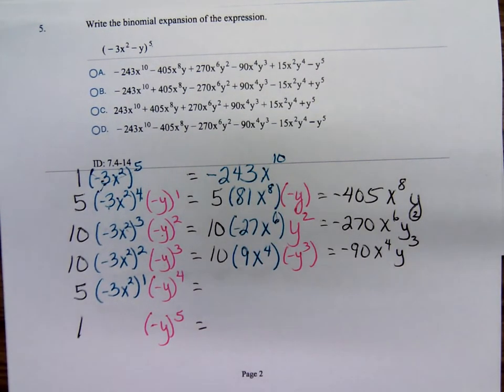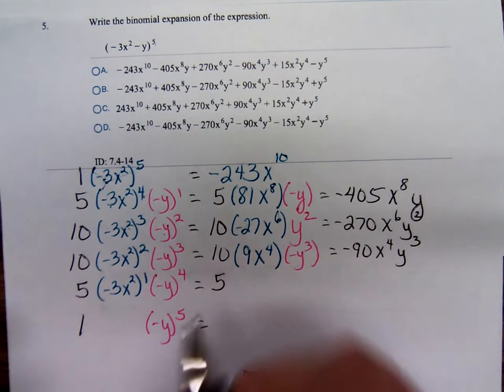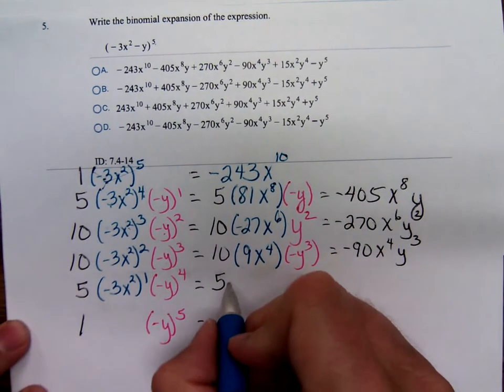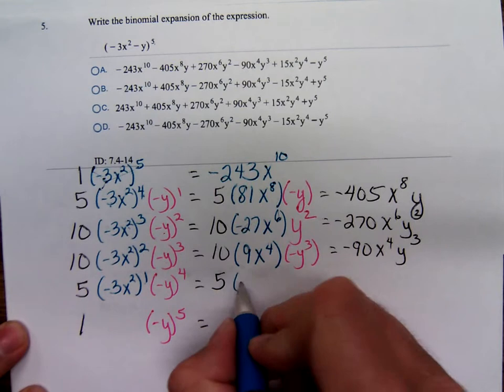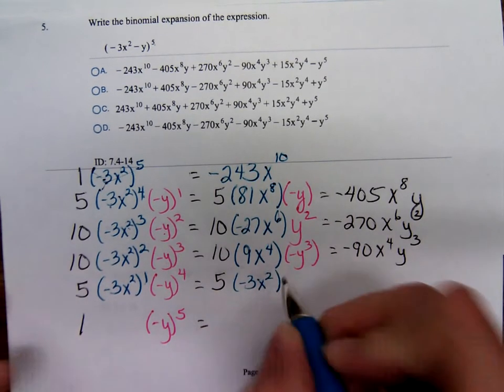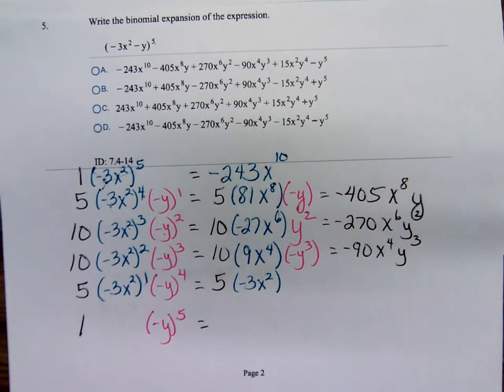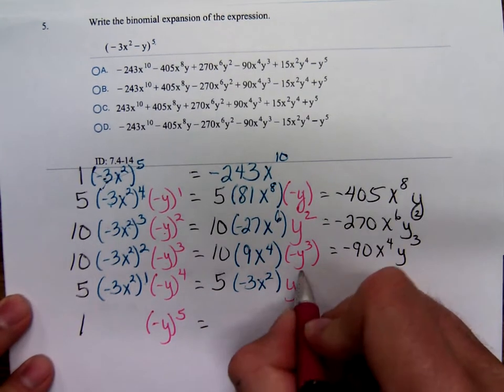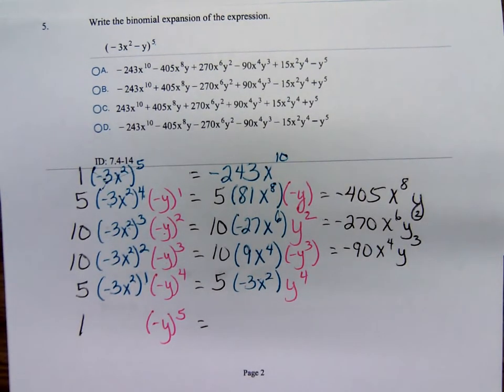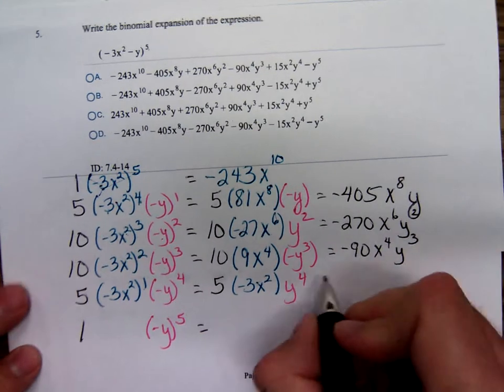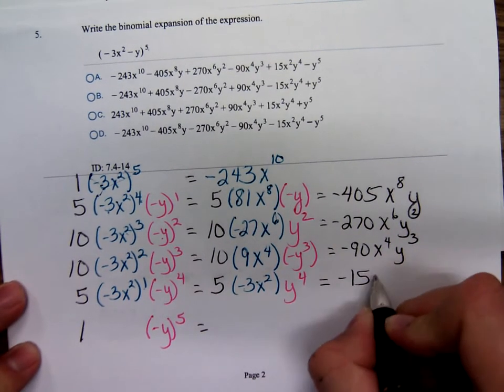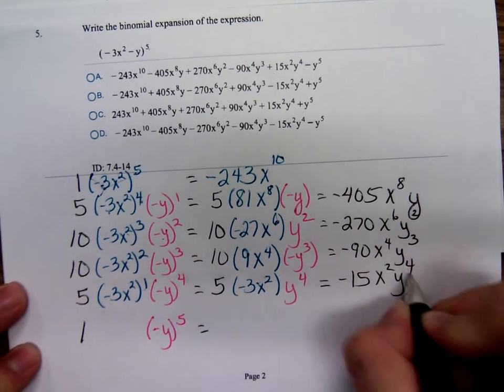And then we have a 5. Negative 3x squared to the first would just be negative 3x squared. A negative to even power, so that's a positive y to the fourth. So what are we getting there? Negative 15x squared y to the fourth.